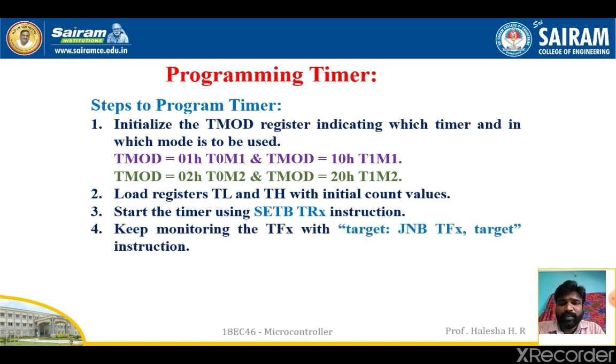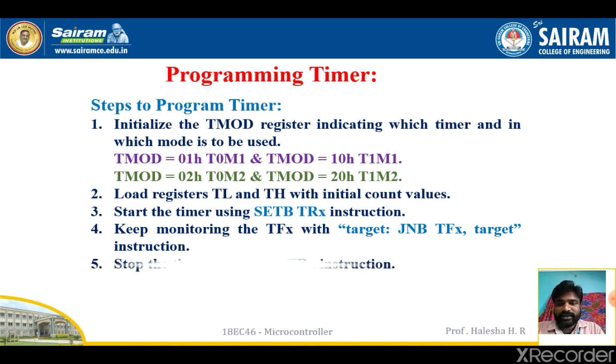Then keep monitoring the timer flag with the instruction JNB TFx, target. JNB means jump if no bit. If the bit is not set, go to the target, so it will keep on looping until TFx becomes 1.